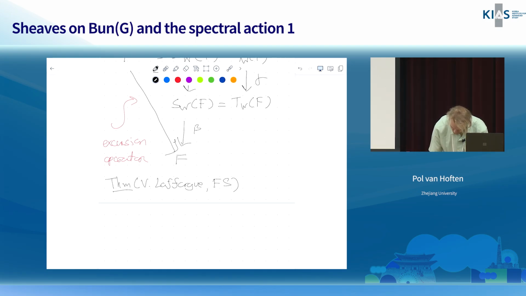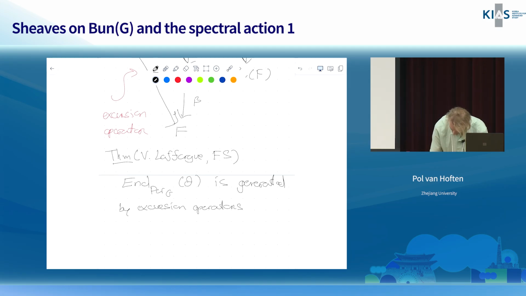I haven't defined for you what an excursion operator is, but the endomorphism ring of O on Par G is generated by excursion operators. And again, here I need this assumption that l does not divide the order of pi_0 of the center of G.